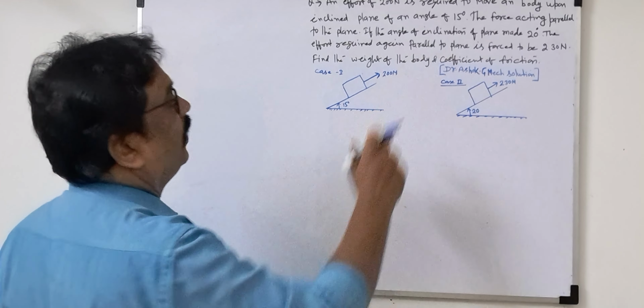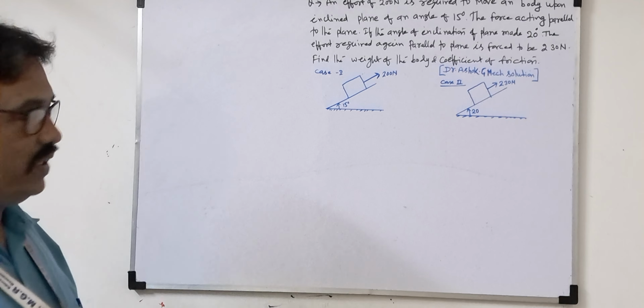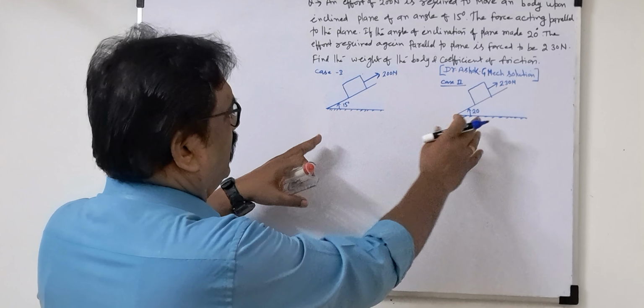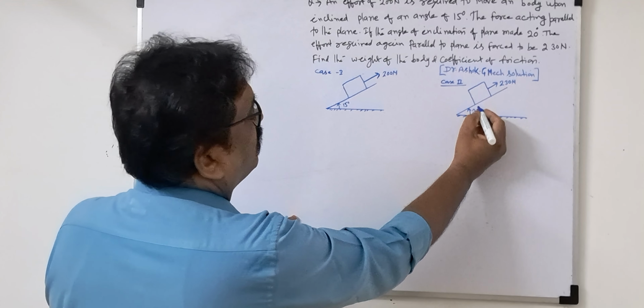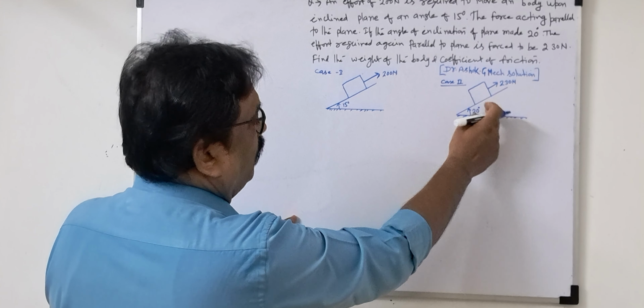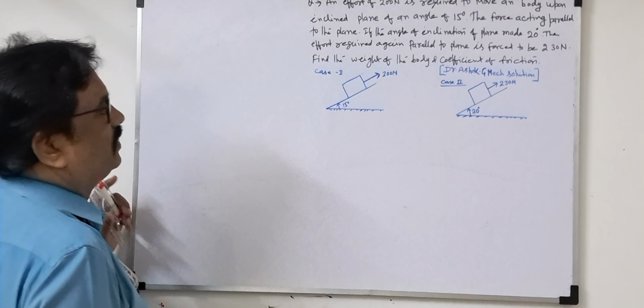Now they are asking to find the weight of the body and the coefficient of friction. So for both cases we need the weight. Suppose the inclination is 15 degrees, and in the next case the inclination is 20 degrees. Then what is the weight, and what will be the coefficient of friction?